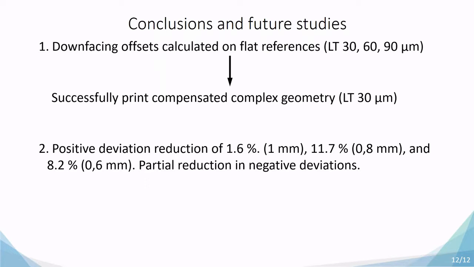The positive deviation reduction was extremely high for the smaller channels, and the positive deviations were almost completely eliminated in these two channels. And we also had a partial reduction in negative deviation because the dross formation was slightly less.